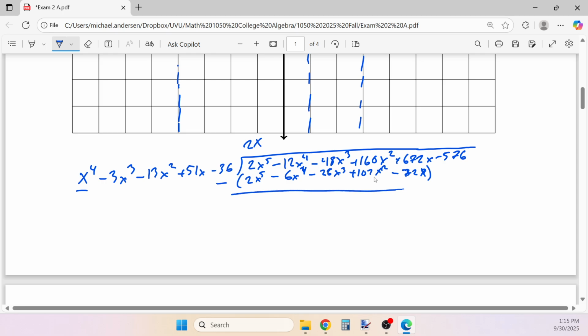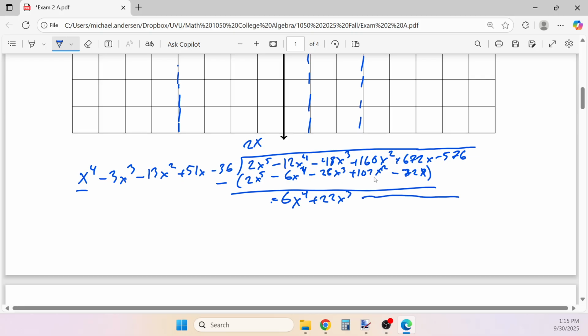And subtracting gives us negative 12 minus negative 2 is negative 10, so negative 10x to the fourth. Then comes 48x to the third minus 20x, or plus 20x to the third, and so on.